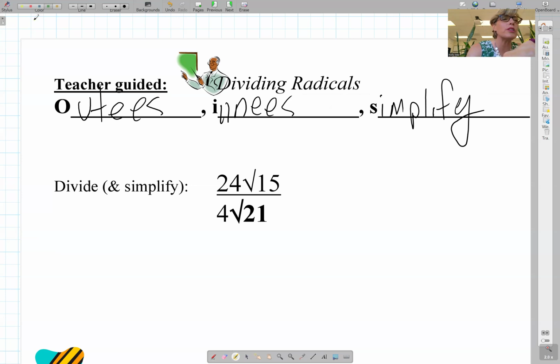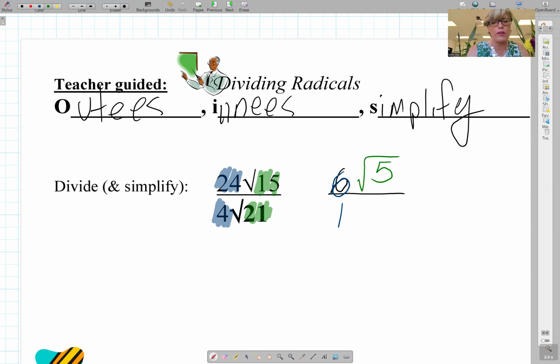We are going to first divide the outies. So when I divide the outies, 4 and 6 reduces. 4 goes into 6, 6 times. I'm going to keep that 1 just so you can see it. Innies. I have a 15 and a 21. Now, 15 doesn't go directly into 21, but both are divisible by 3. So we are going to end up with 3. 15 divided by 3 is 5. And 21 divided by 3 is 7. Those are still under the radical sign.